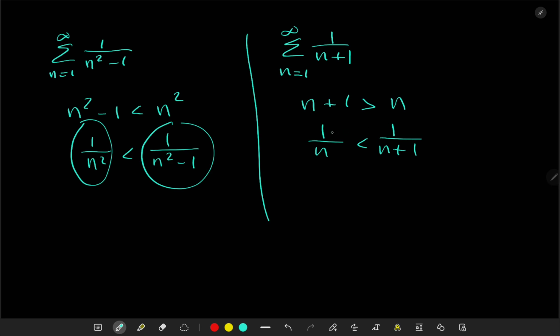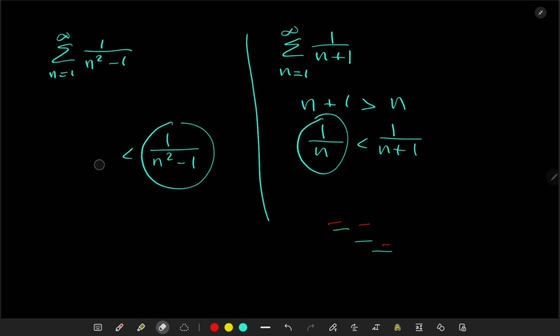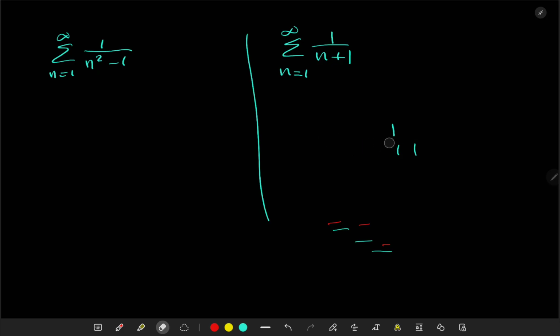And this one I know diverges, but now I have that the little one diverges. Who knows what happens to the big one? So it doesn't help me either. So these two cases are the type that I would just use the limit comparison test, and let's figure out how it works.